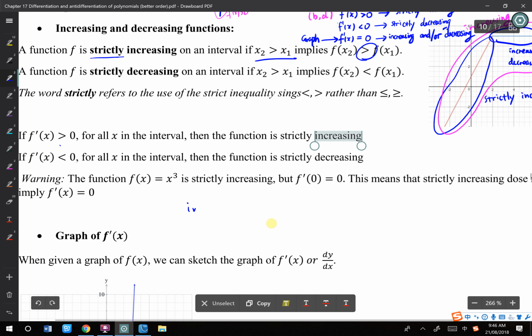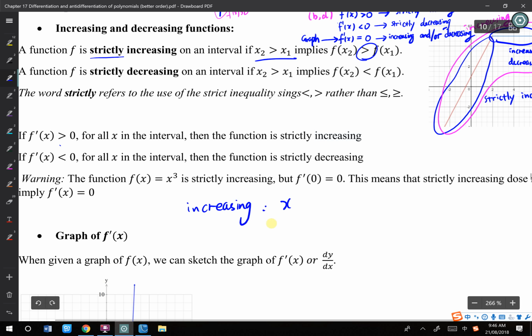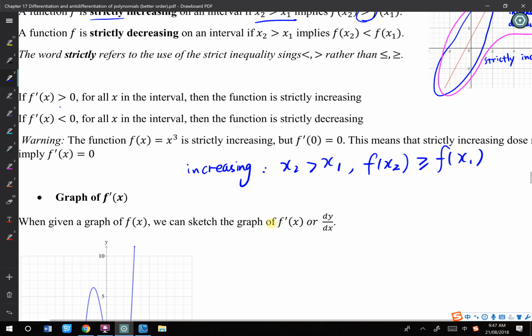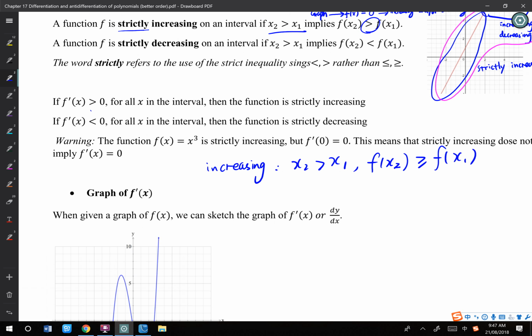Like for increasing, I can have x2 greater than x1, but f of x2 can be greater than or equals to f of x1. It's not strictly larger than, it can just be larger or equals to. So it means it can remain the same. That's what is being talked about here.